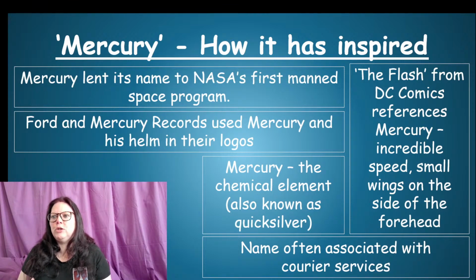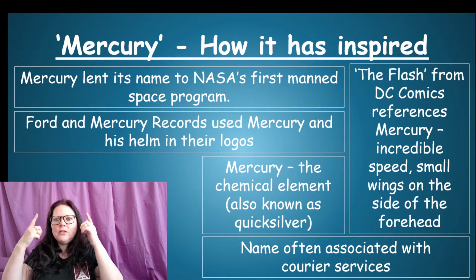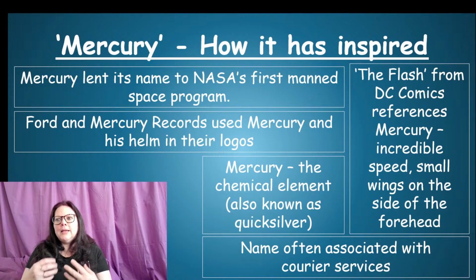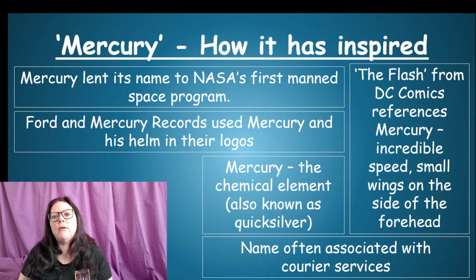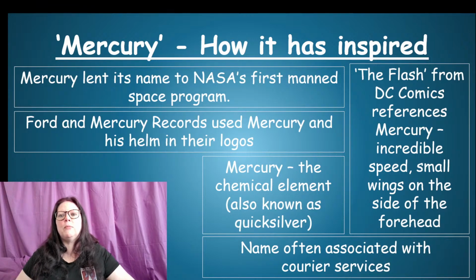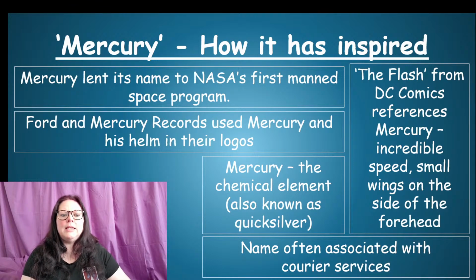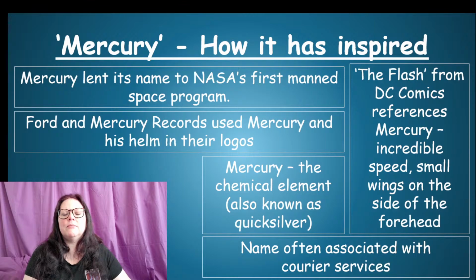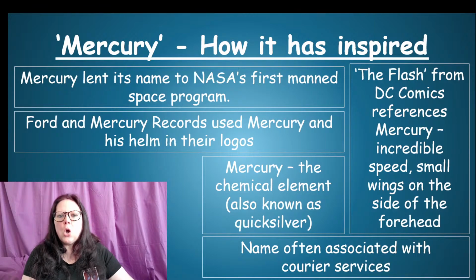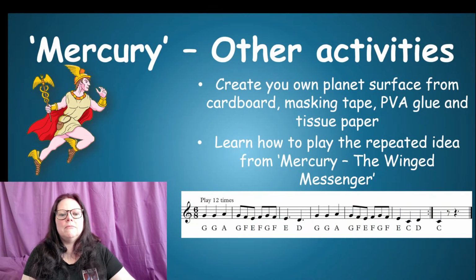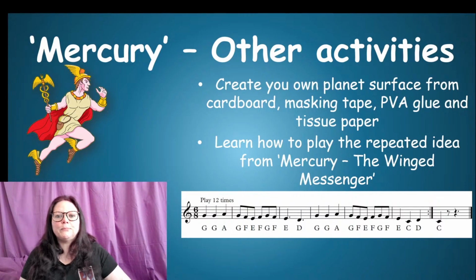You've got the red costume, the small wings on the side of his forehead and all of that. And Mercury's name is also very often associated with courier services because they're trying to promote fast deliveries. So that idea of Mercury, the Roman god of Mercury, has been used a lot for various different things.